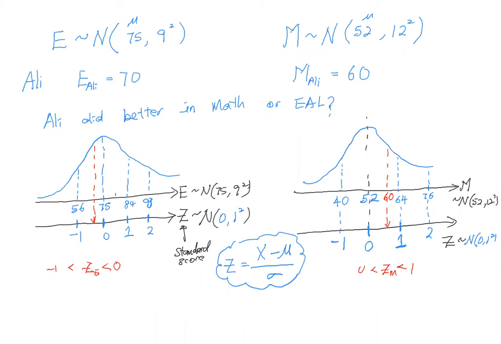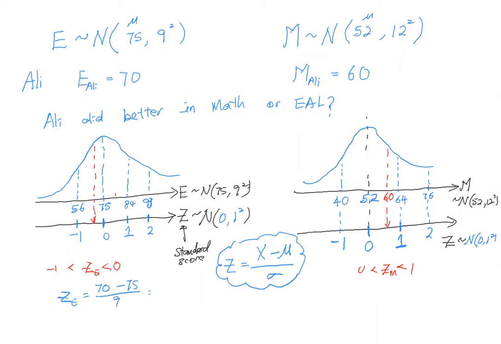Are you clear? So let's see the standard score for Ali in EAL. It's less than the mean, so the standard score for Ali in EAL definitely is negative. So I take 70 minus 75, divided by 9.